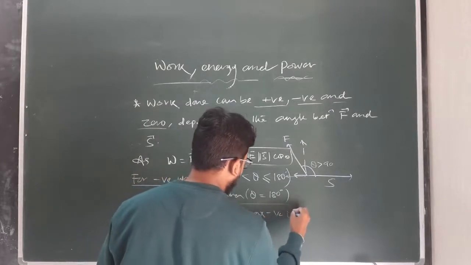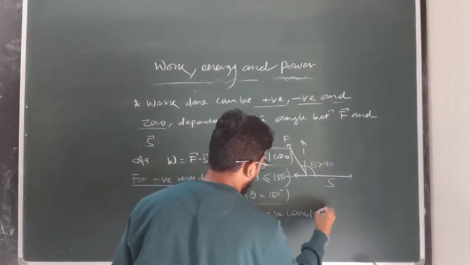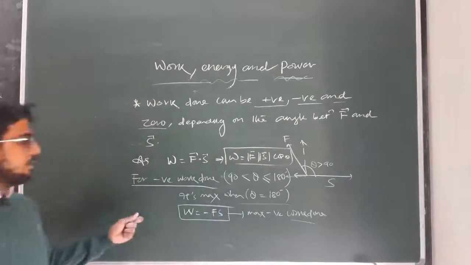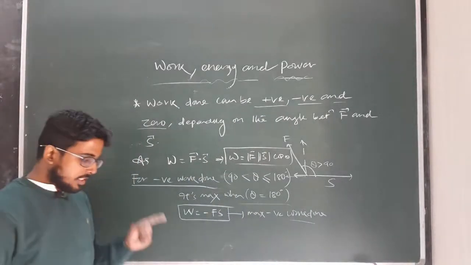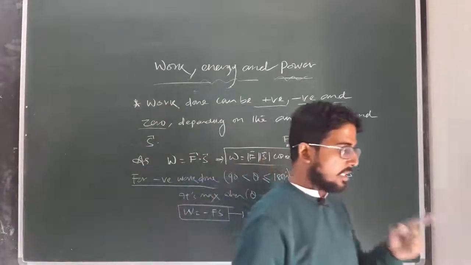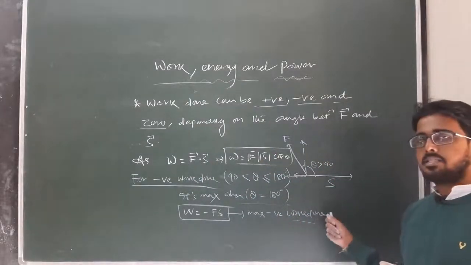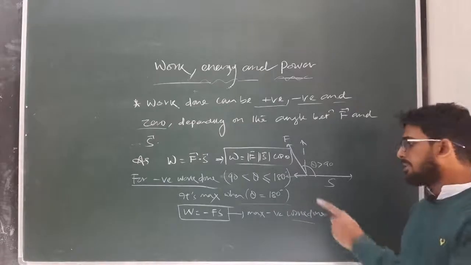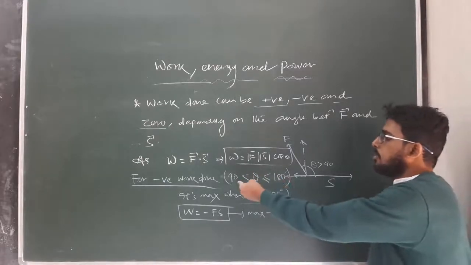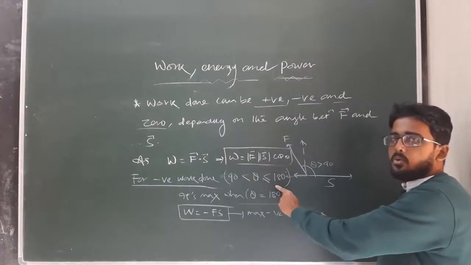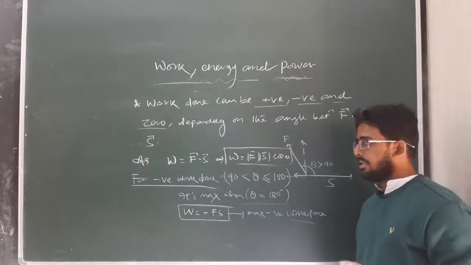Maximum negative work done. Clear? So when theta equal to 180, or the displacement and the applied force are in opposite direction to each other, the work done will be negative and maximum, that is minus Fs. But when theta varies from more than 90 up to 180, the work done will be negative. Clear?